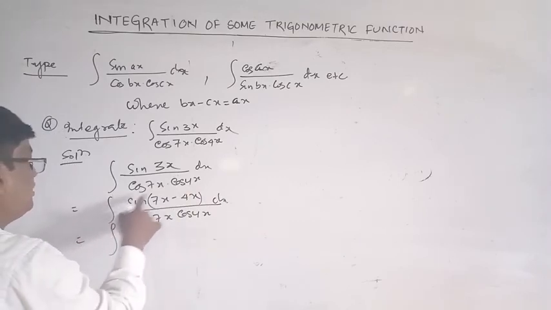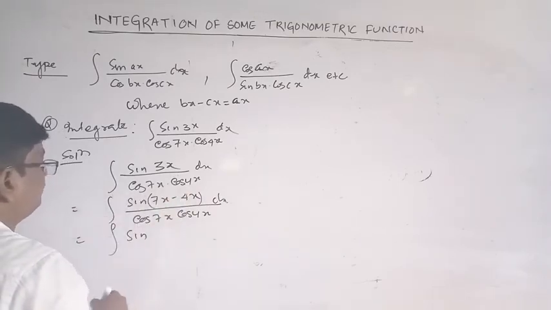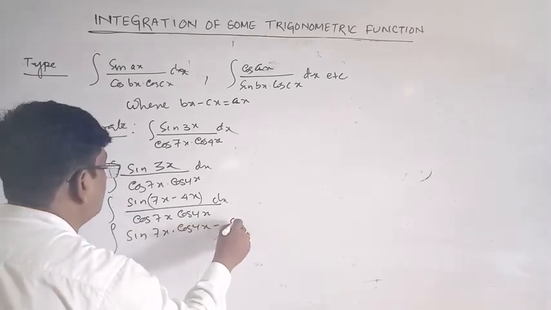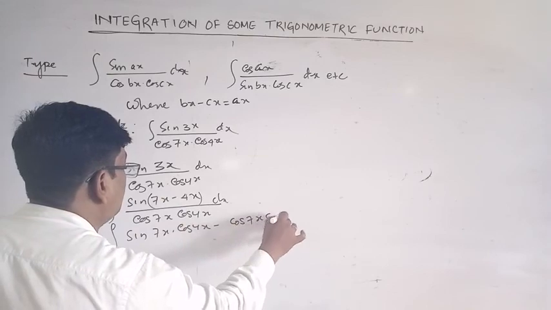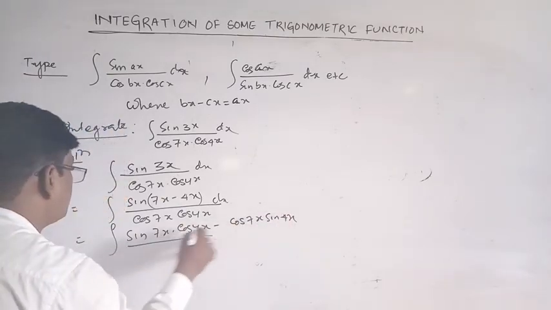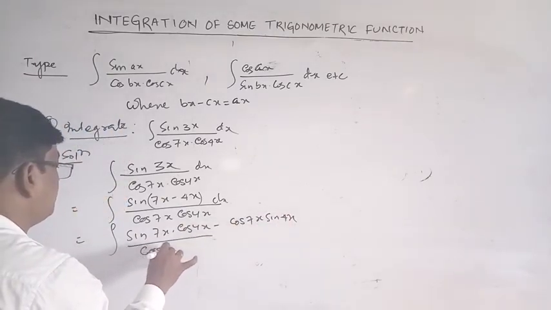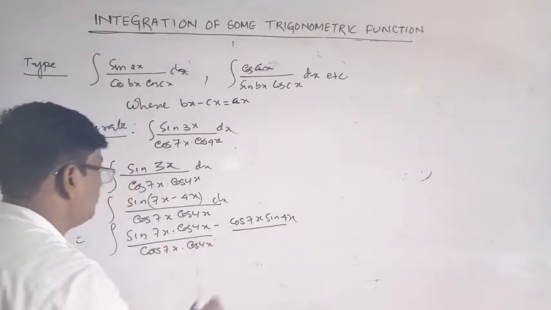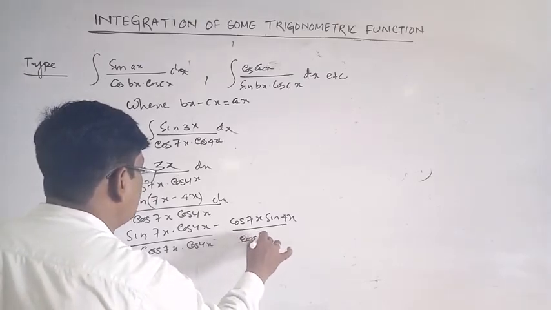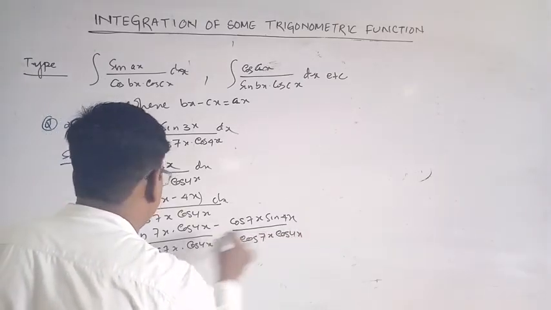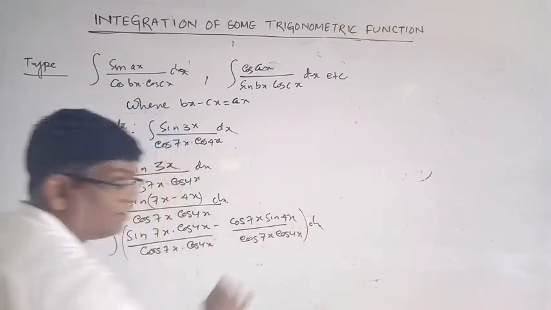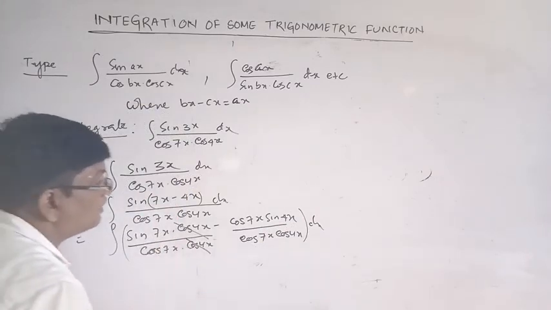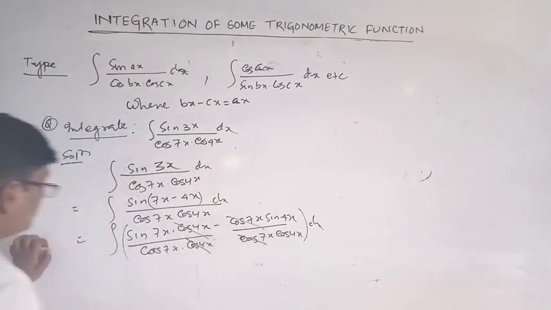So this is what? Sin a minus b. So sin 7x into cos 4x minus cos 7x into sin 4x, whole divided by cos 7x into cos 4x dx. So cos 4x cancels, and cos 7x cancels.